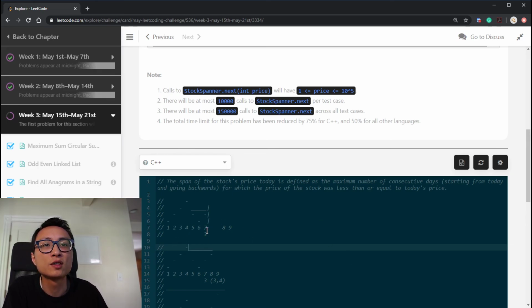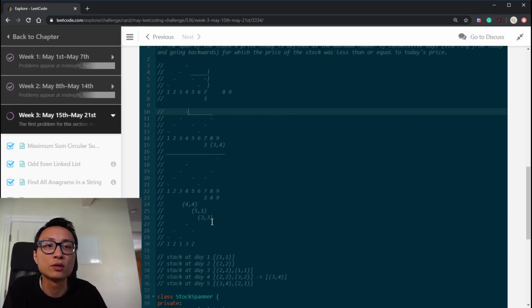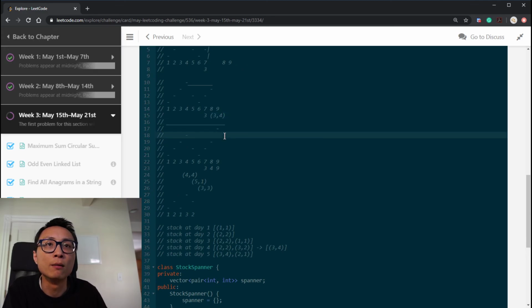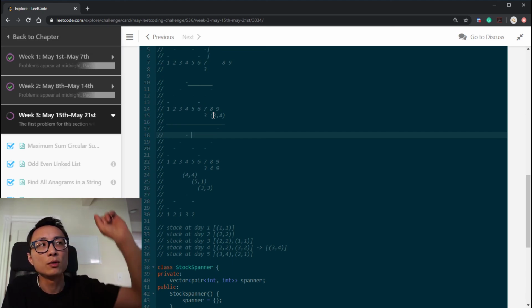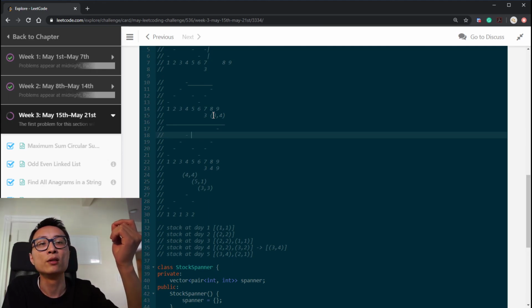On some of the days we will just do constant work, but on some days when we need to do the compression, we have to go backward and do some consolidations. Let's say the worst case is going down all the way, and on the final day we have something that's really high, and then the compression will take order of n time.